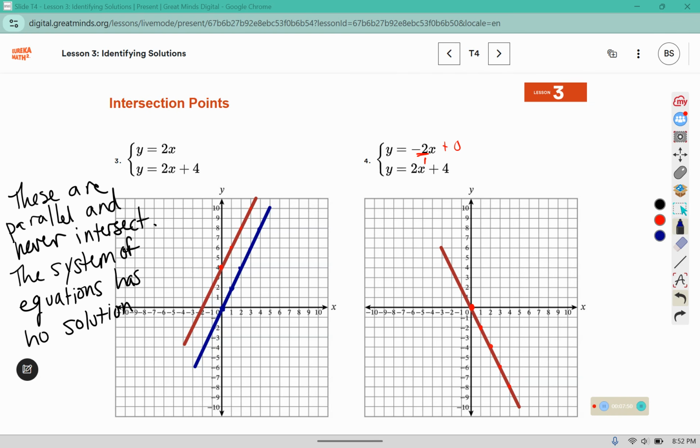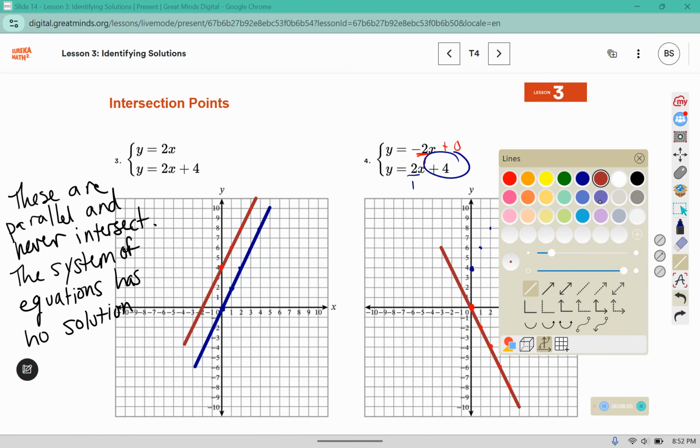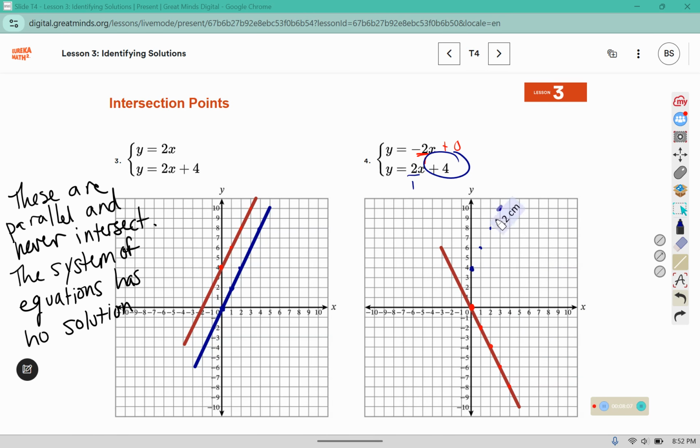For the other line, we are starting at positive 4 for our y-intercept, and we're going to go up 2 and over 1, since it's positive 2 for our slope. It appears that the lines cross at the point negative 1, 2.